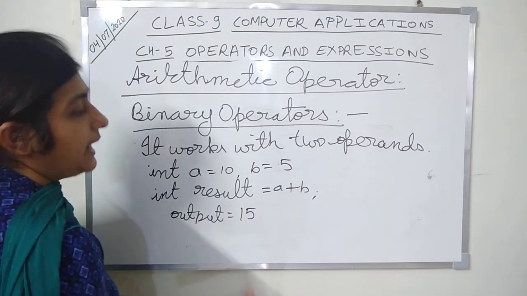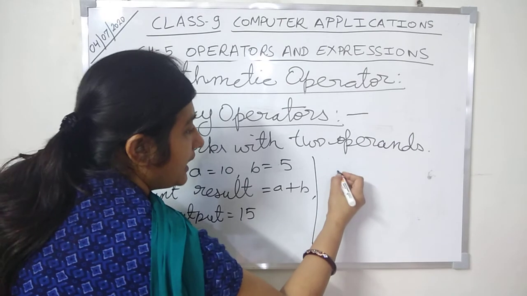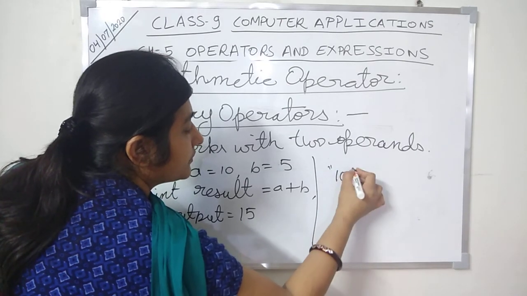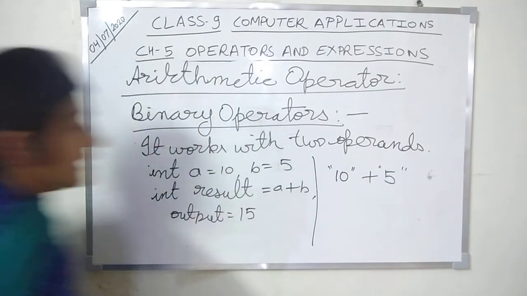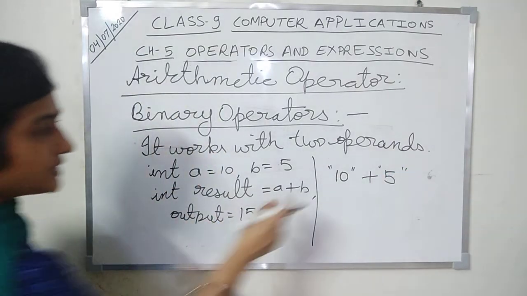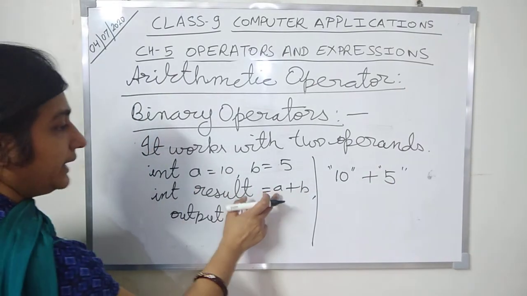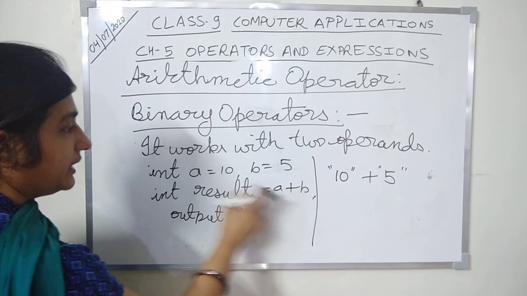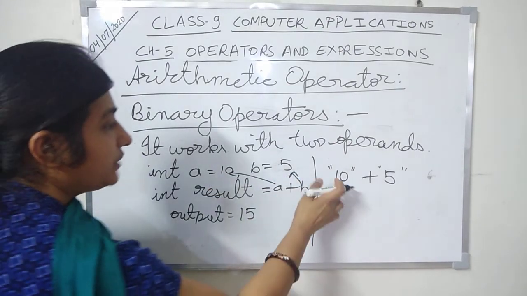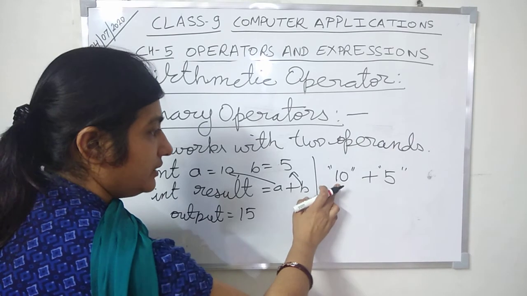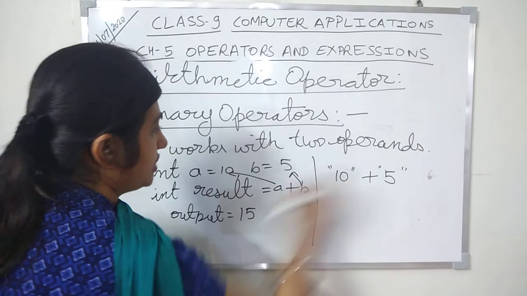So if we add, the same plus sign we are using here and here also. Here A is 10 and B is 5. But here 10 is a string and 5 is also a string value.